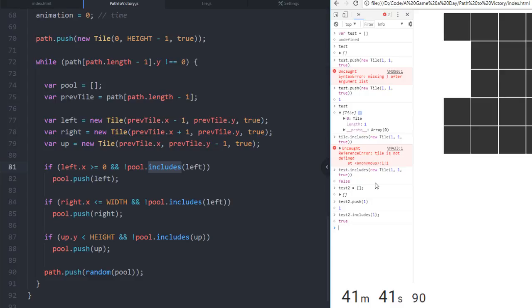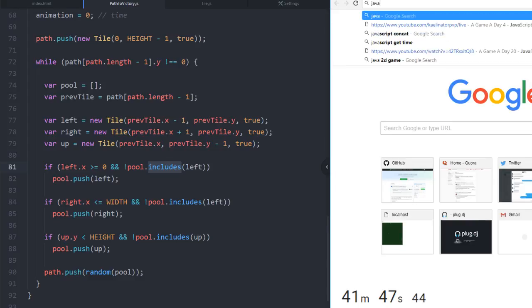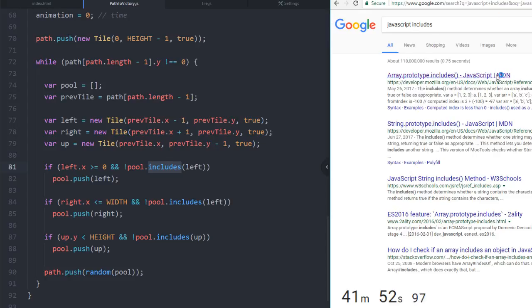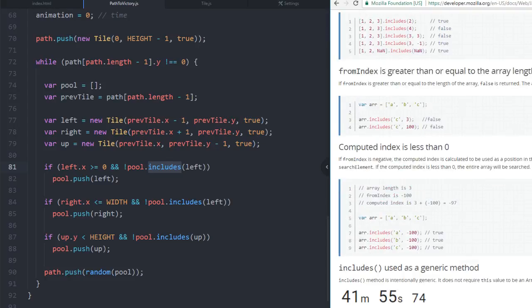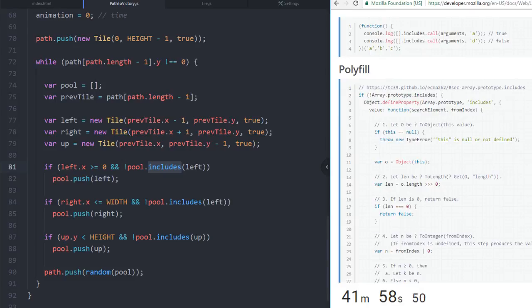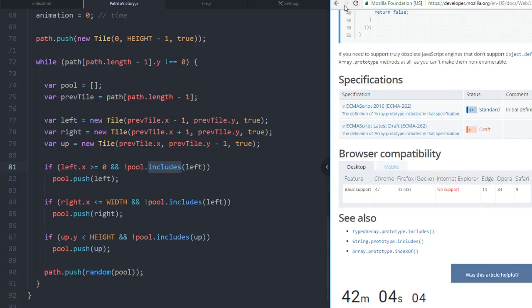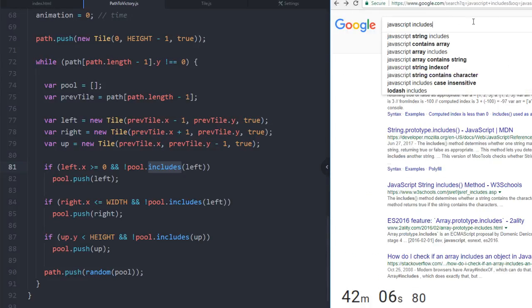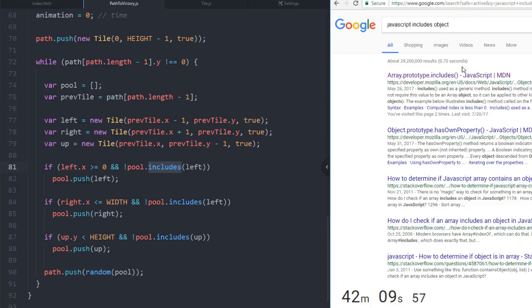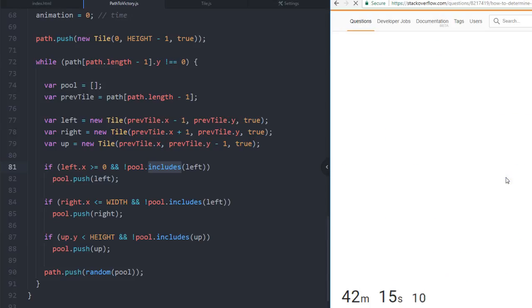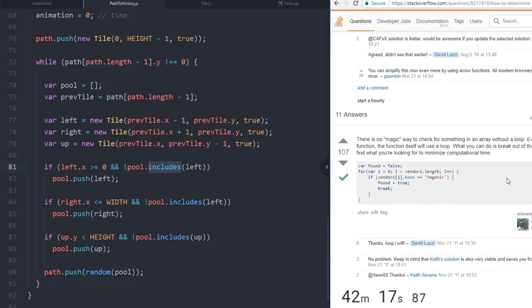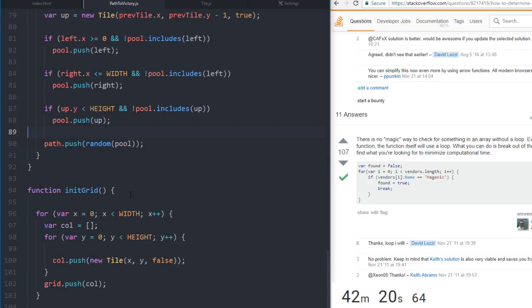So let's look at the JavaScript includes function again. Can we say includes object? Okay, we'll just create our own method.